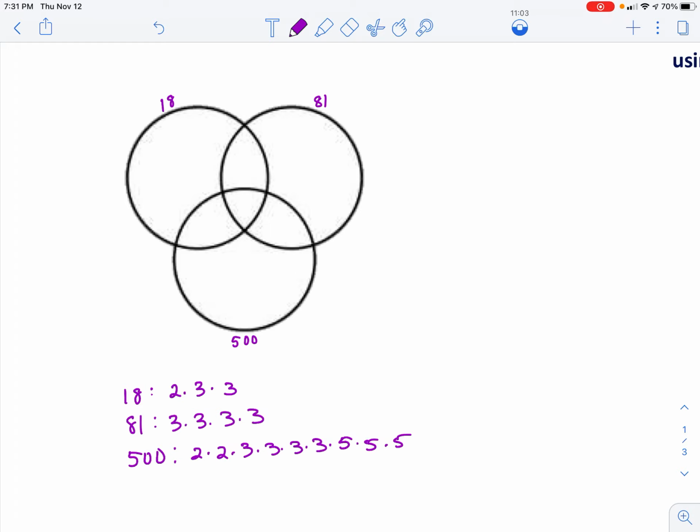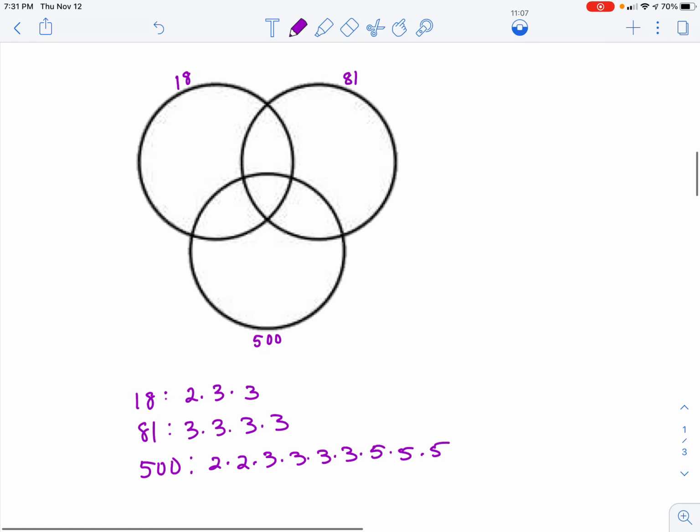Well, first of all, I'm going to start with the smallest prime number, and that would be 2. And where do I see 2's? I see a 2 here, and I see 2 2's here. So I can pair up this 2 with this 2. I'm going to represent those 2's by overlapping them into the 18 and the 500 circle.